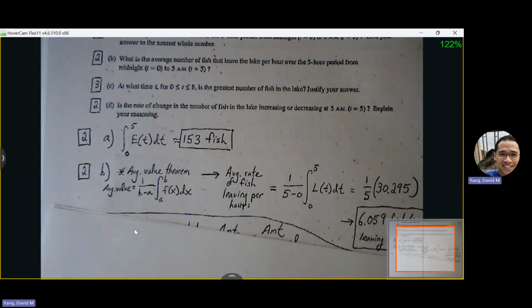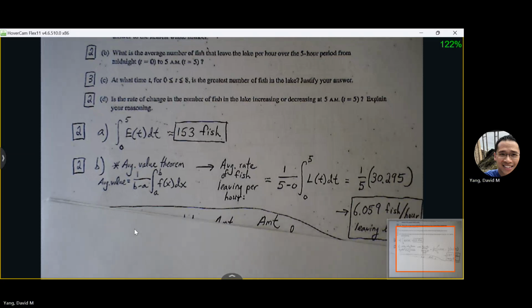So if you can earn between 4 and 6 points per FRQ, you're in a good spot. You're in range to get a 4 or higher. But every FRQ is going to be worth 9 points.